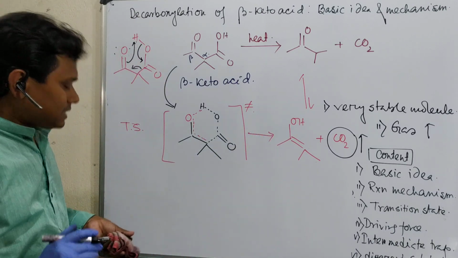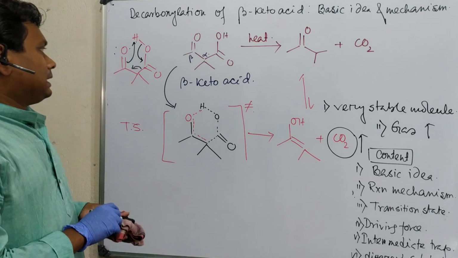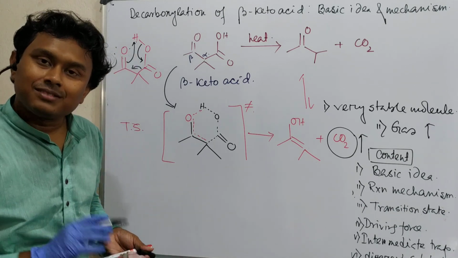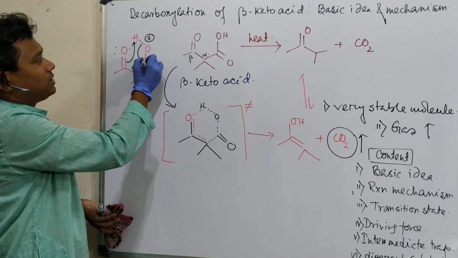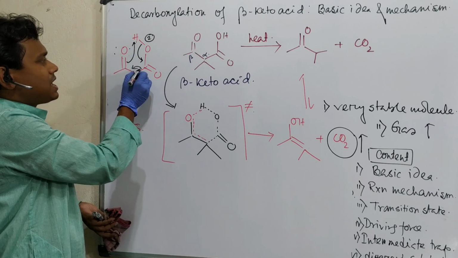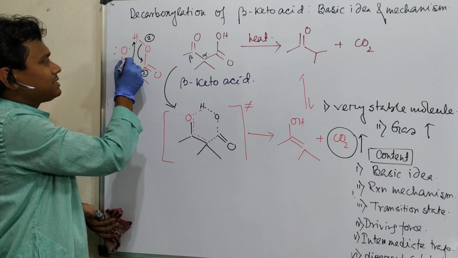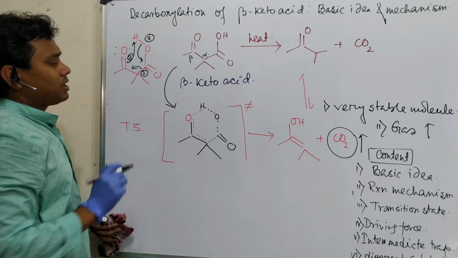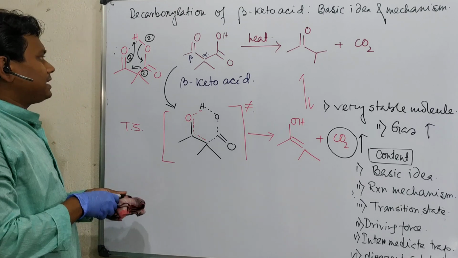Second point, it's my opinion: how many bonds are broken? Check. This bond contains 2 electrons, and this is broken. This is broken, containing 2 electrons. And this is broken, containing 2 electrons. I repeat again for your understanding.